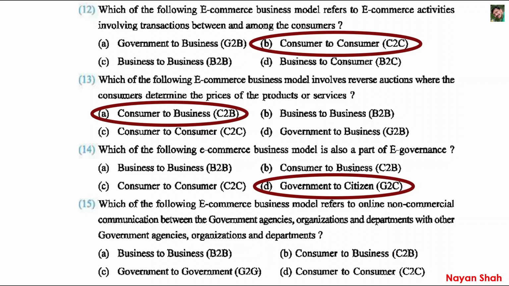So it is obviously government to government, G2G, where it is a non-commercial communication which involves government agencies or organizations and government departments only. No business, no consumer involved. So that is G2G. So that's the end of chapter 4 MCQs exercise.